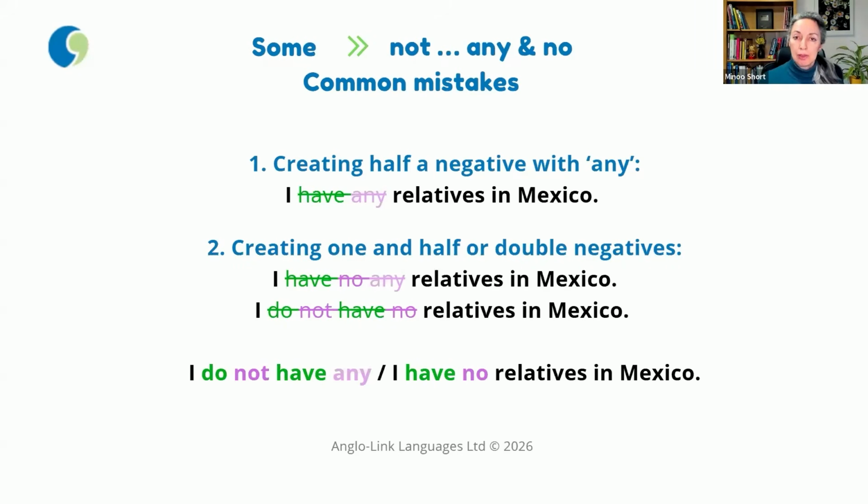Or sometimes going the other way and creating 1.5 or 2 negatives. For example, saying things like, I have no any, or I do not have no. Avoid combining these expressions or negatives with each other. It's either I do not have any or I have no relatives in Mexico.